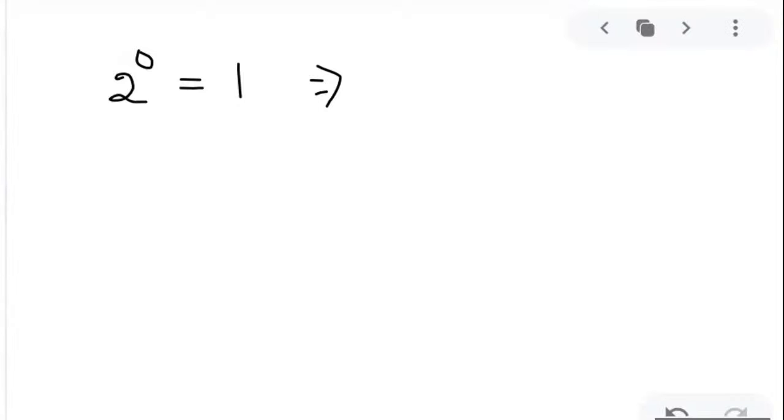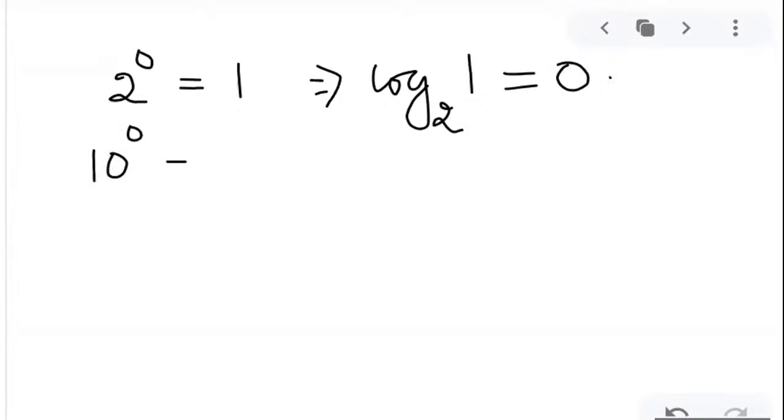Log 1 to the base 2 is equal to, what is the term that is left? Is equal to 0. 0, right? My 10 power 0 is also equal to 1.